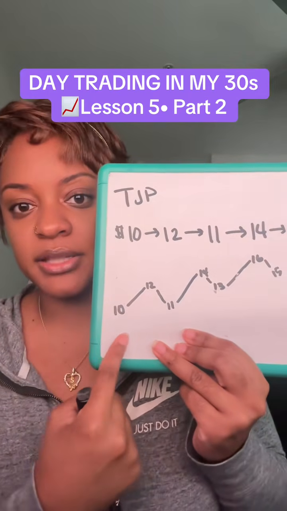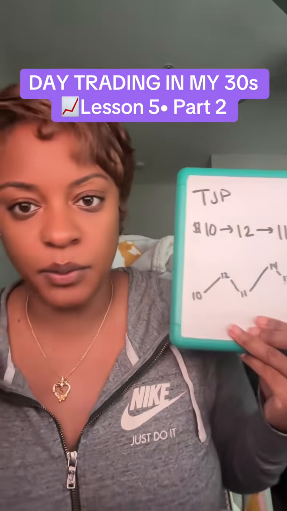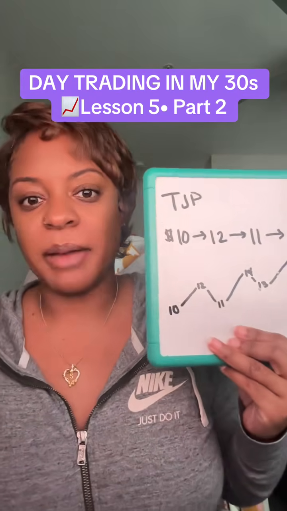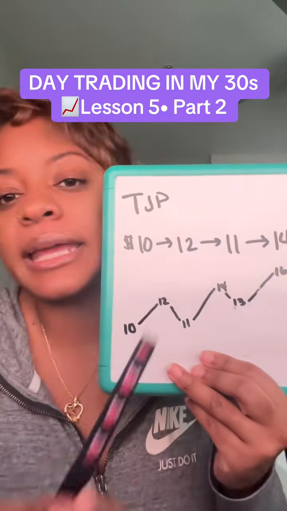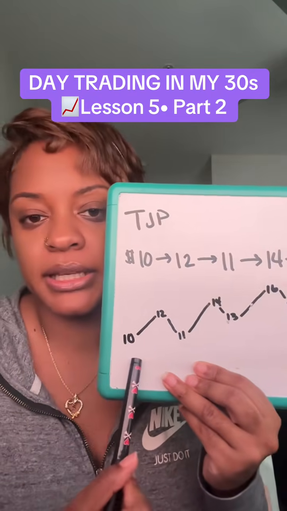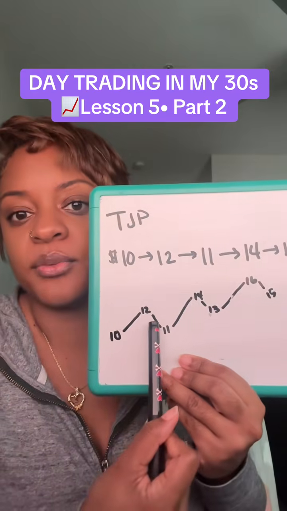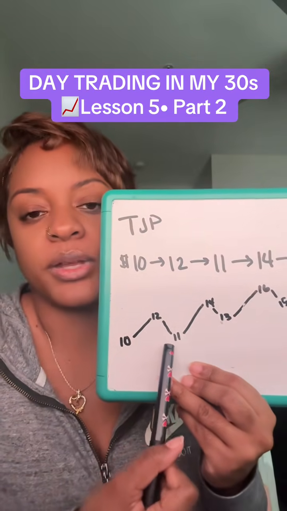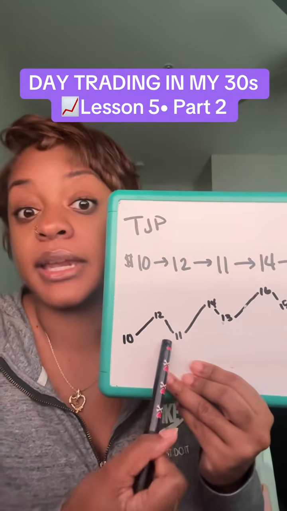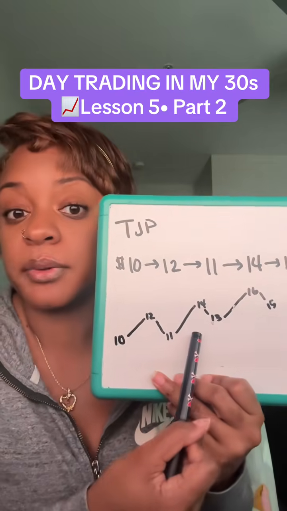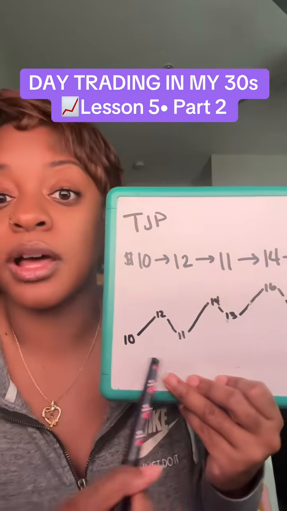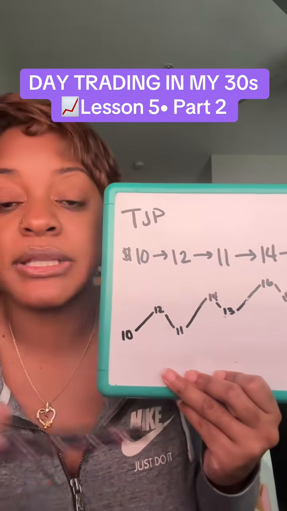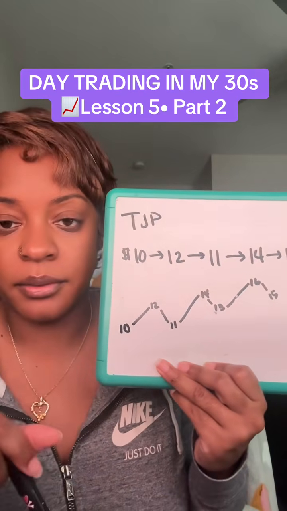That's our starting price, so it really wouldn't be a swing low. I mean, technically, I guess it could be, because it started off at 10, and then this was a turning point where it started going up, and then we come back down and we hit 11, and it's a turning point and it starts going up. So 10 and 11 are both swing lows because they're turning points at the bottom of the graph.